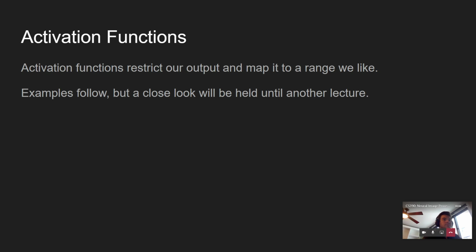It isn't, and I want to make that clear by first showing in detail what it is. The entire idea of activation functions is really just to restrict our output, to change our output into a specific format, and map it onto a range that we want for whatever task we're doing.